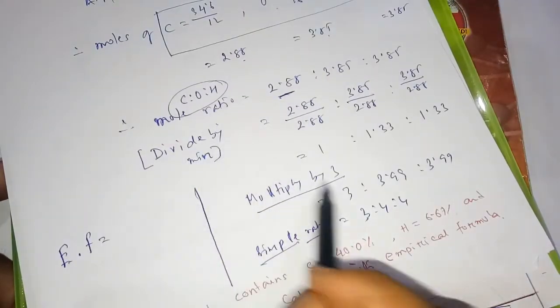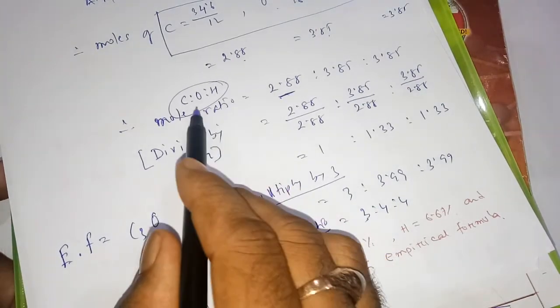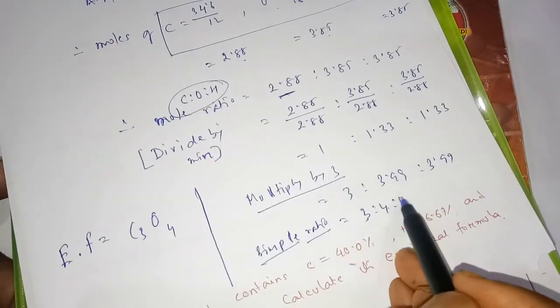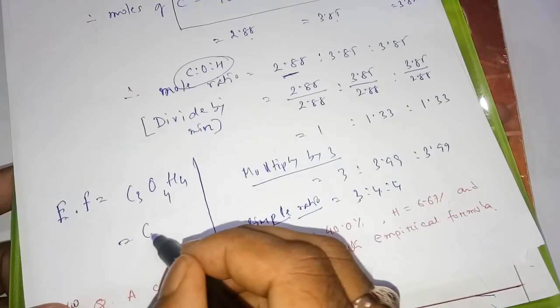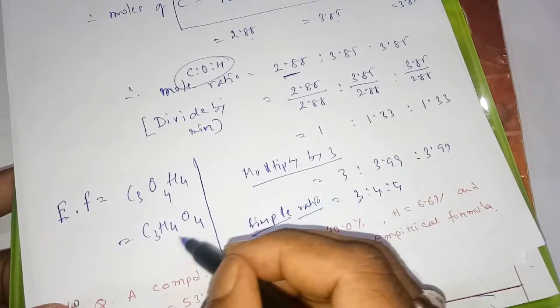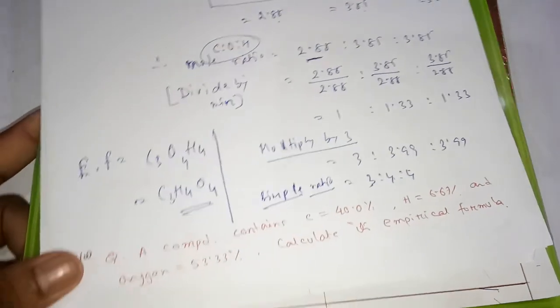So how many carbon comes? 3. How many oxygen comes? 4. How many hydrogen? 4. So you can write it like that, C3H4O4. So this is your empirical formula.